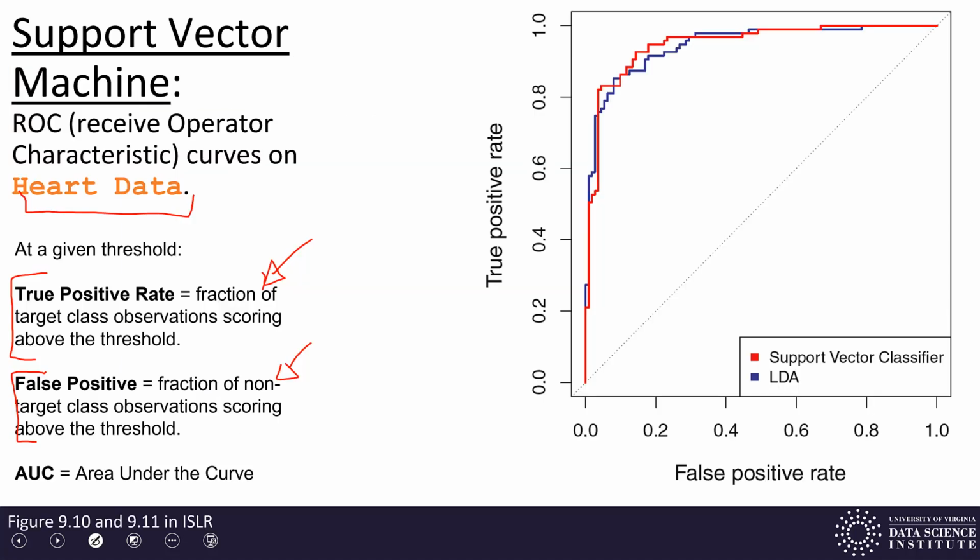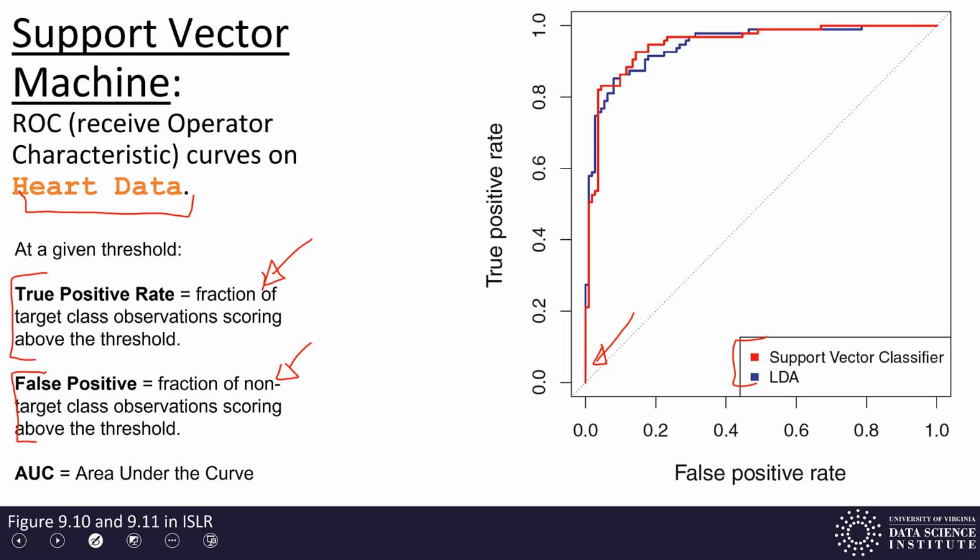And so ROC curves allow us, as we've talked about before, to get this trade-off between true positive rates and false positive rates. What we do is we plot the true positive rate and false positive rate as a function of the probability as these curves. We have one curve for the support vector classifier and one curve for LDA on the heart data. Down here at 0, for both of these, we have a very low probability, right? At 0, your probability is 0.